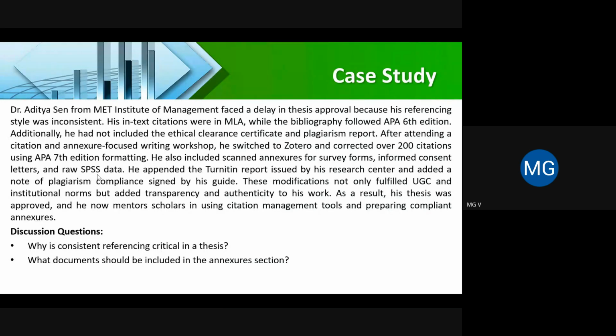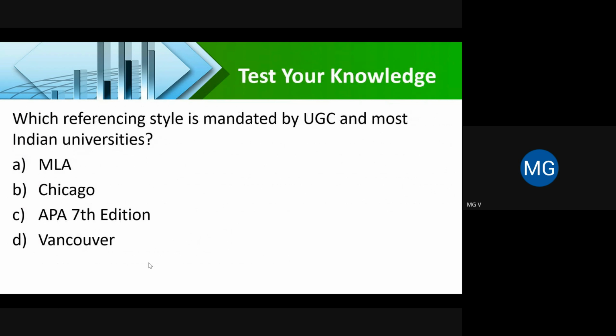What documents should be included in the annexure section? Basically, references. Right. Raw data. Okay, what else? Questionnaires. Right. So tools like questionnaires, raw data, Turnitin report, ethical approval, and permissions.